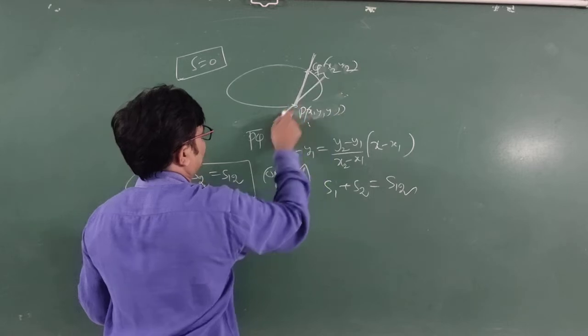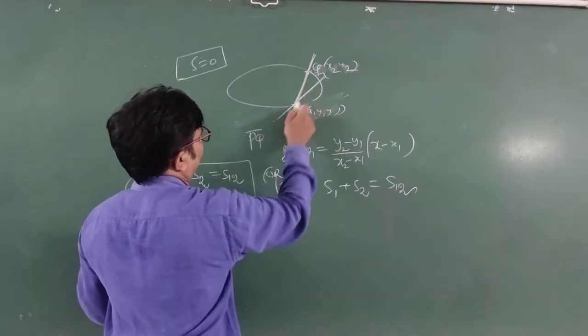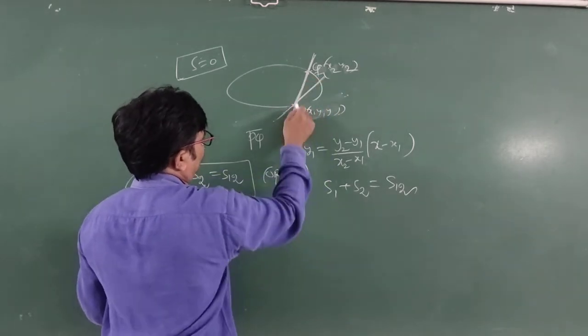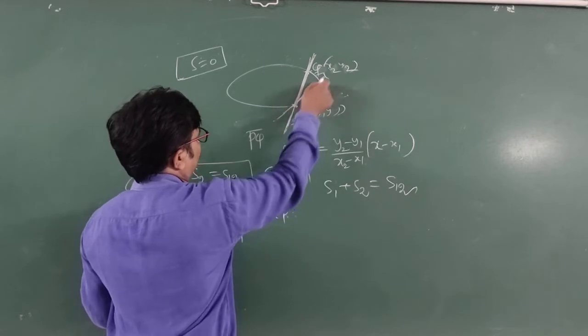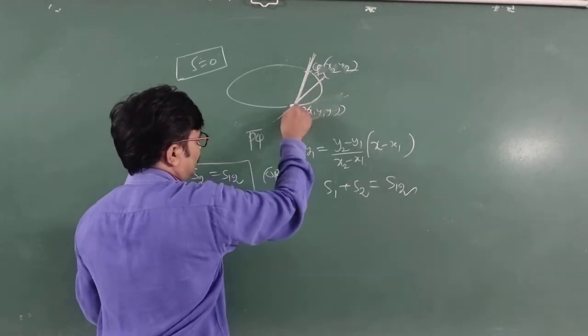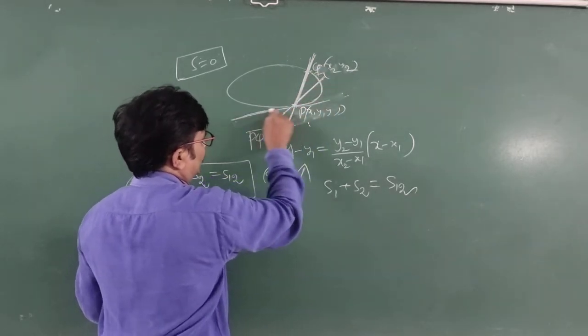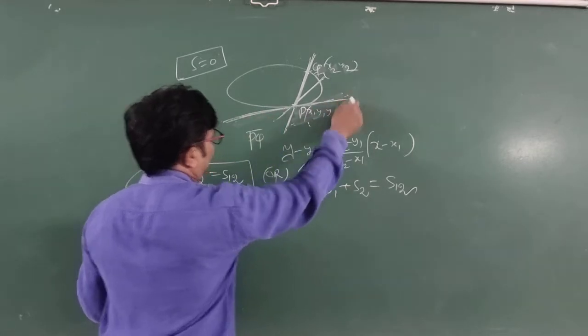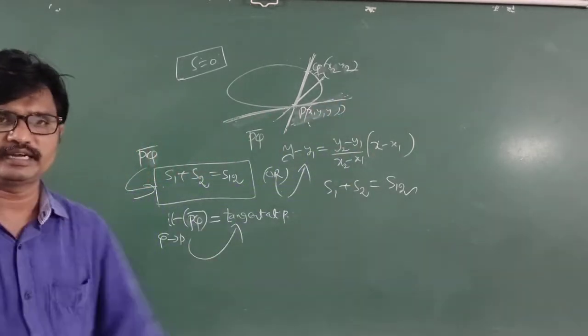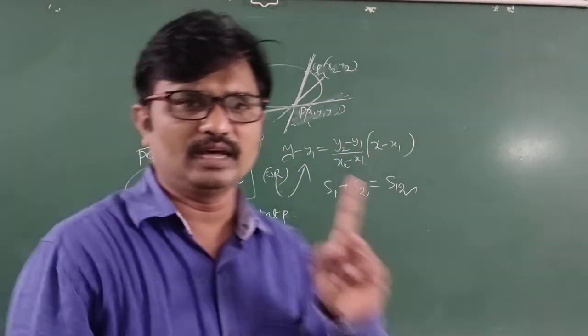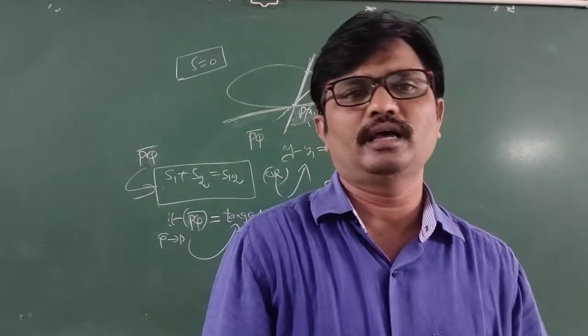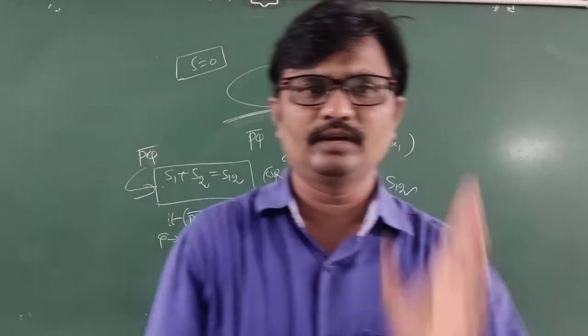What we observe here is that first this is the line segment to Q, and when Q coincides with P, the line segment looks like this. This is called the tangent. What is it, students? Tangent means the line meets the ellipse at one and only one point.